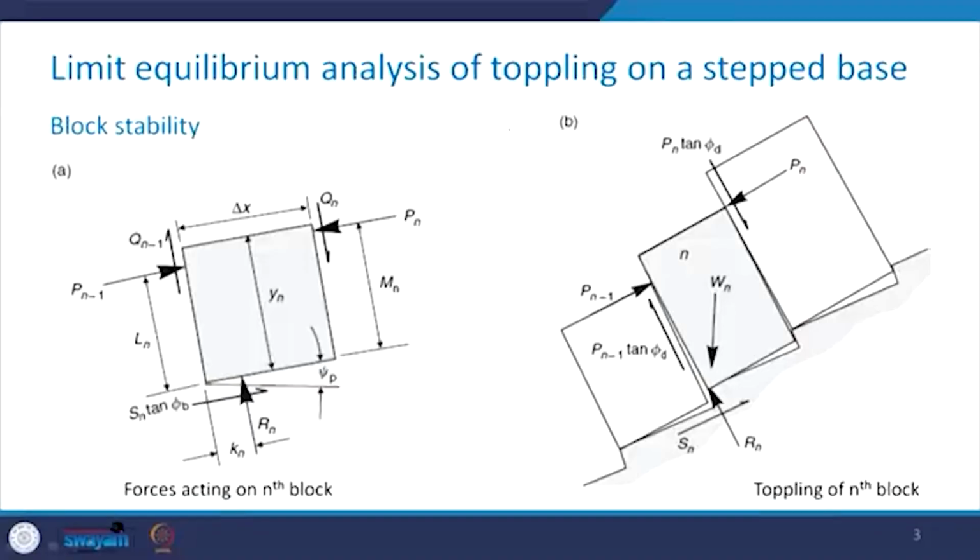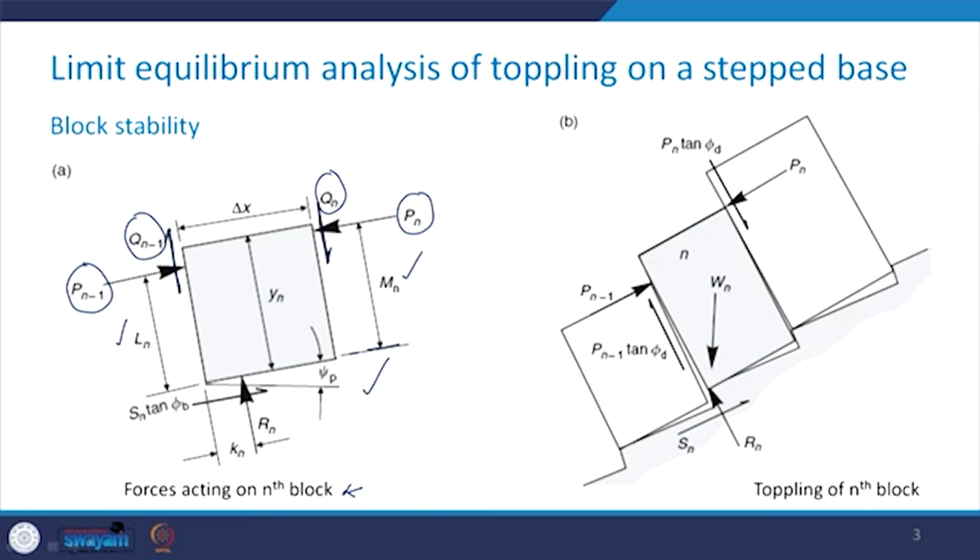Take a look here. The first figure gives you the idea about the forces which are acting on the nth block. Here you can see that these normal forces Pn and Pn minus 1 are acting at a distance of Mn and Ln respectively from the base of the block. While these shear forces, that is Qn and Qn minus 1, are acting as shown in this figure in this particular manner.